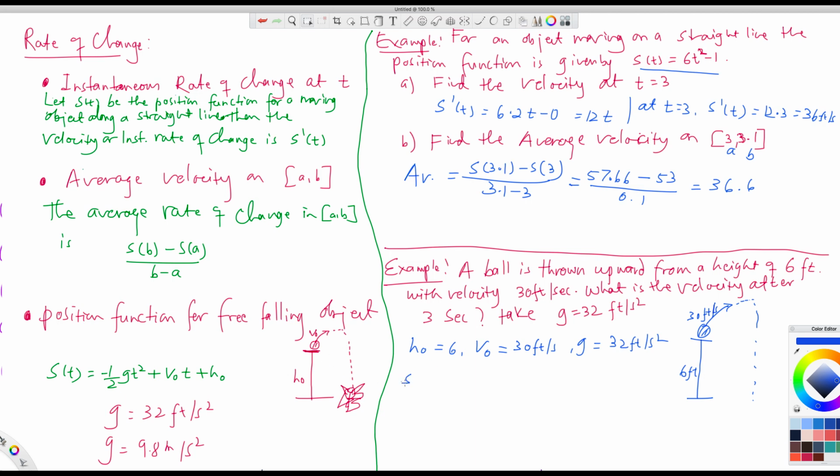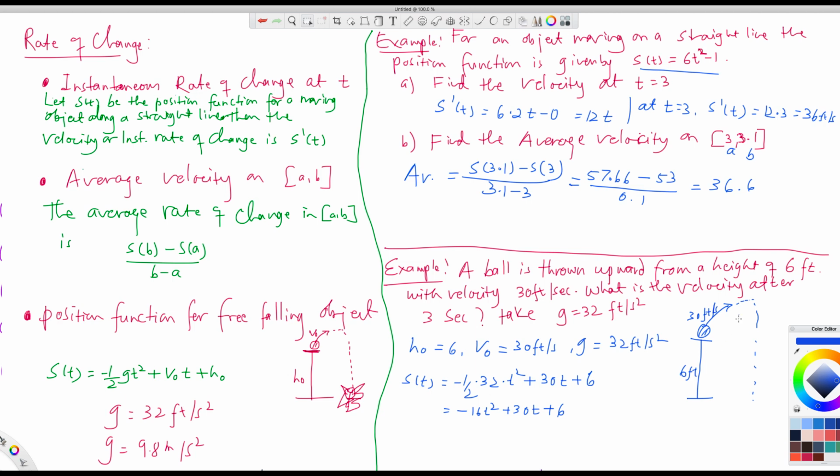So s of t is -1/2 times 32 times t squared, plus v0, which is 30, times t, plus h0, which is 6. So we get -16t squared plus 30t plus 6. This is the position function.